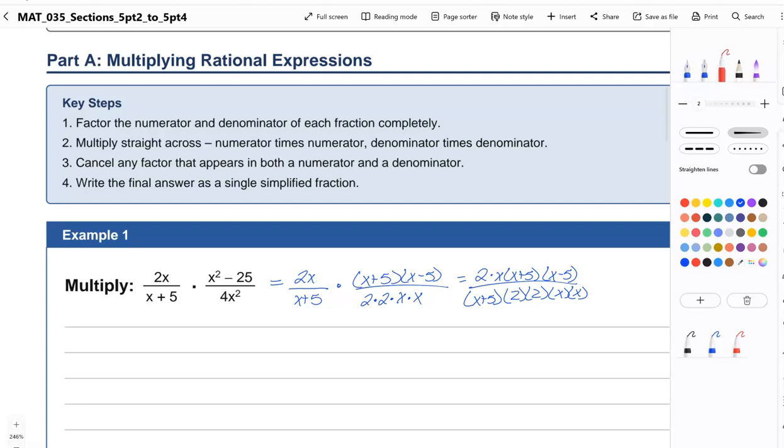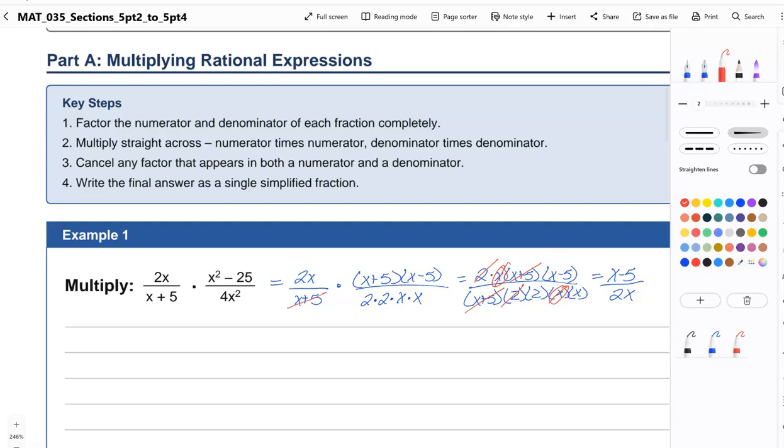So I can cancel some things out. I can cancel a 2 out. I can cancel out an x plus 5, and I've got an x that I can cancel out. That's going to leave me with x minus 5 over 2 times x. Now, we could have done the same thing in that previous step. We didn't have to multiply and put everything together into one fraction.